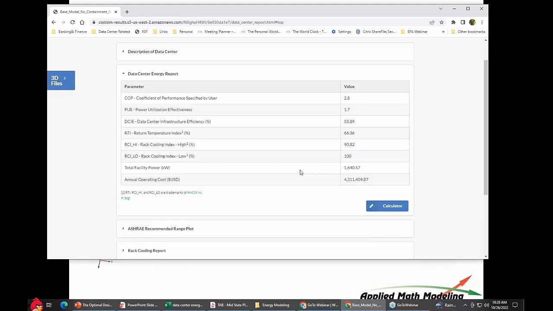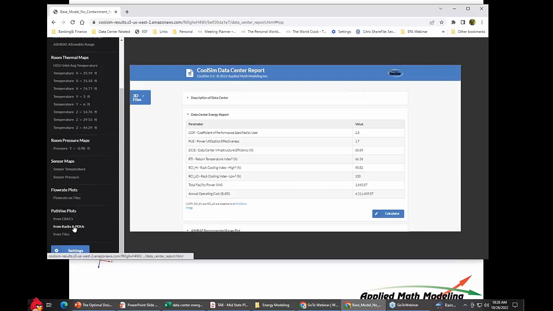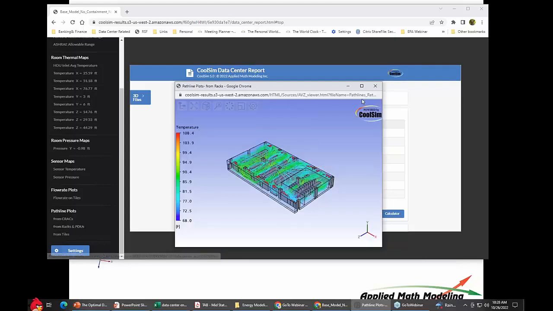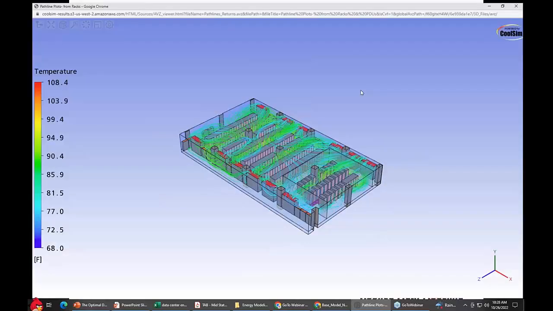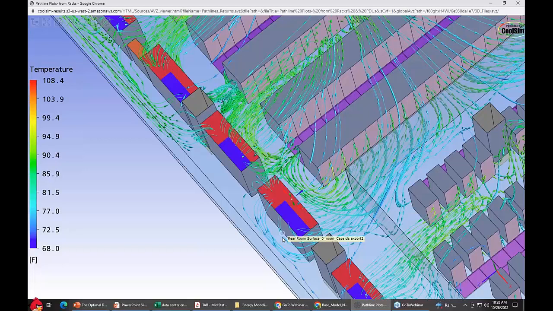Where you have also rack recirculation going on. You can see that as well in the other plot that shows path lines from racks and PDUs. That's this one. And you can see here that in some cases these racks are just going to recirculate a little bit on themselves, causing hotspots to occur. Sometimes it's around the edges. You see it right here.